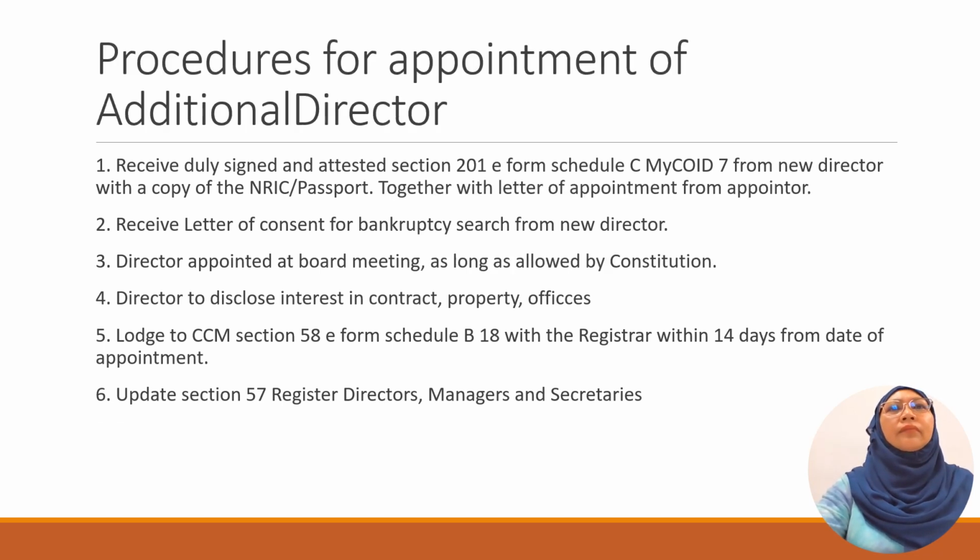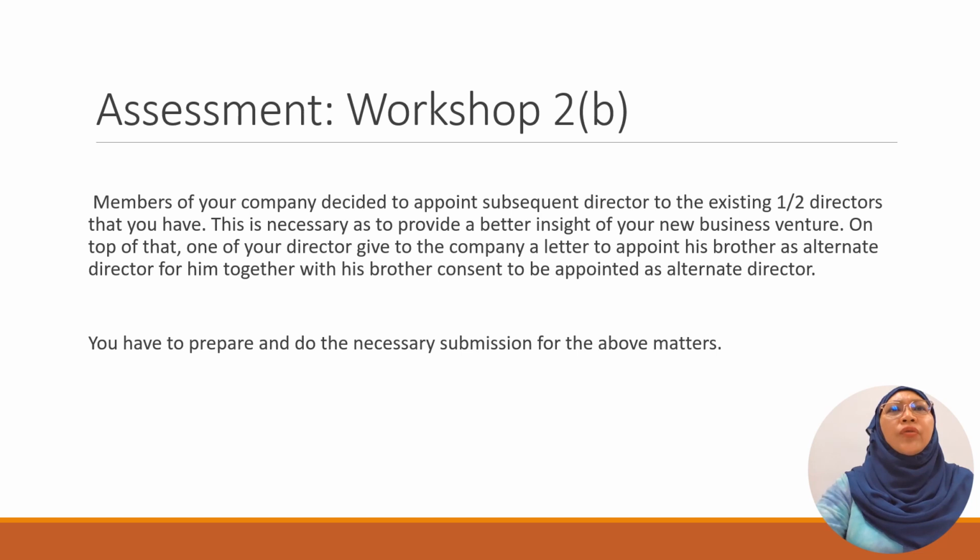This is the organization, from 1 to number 6. So you must decide to appoint additional directors to your existing board, for a better insight of your new business venture.